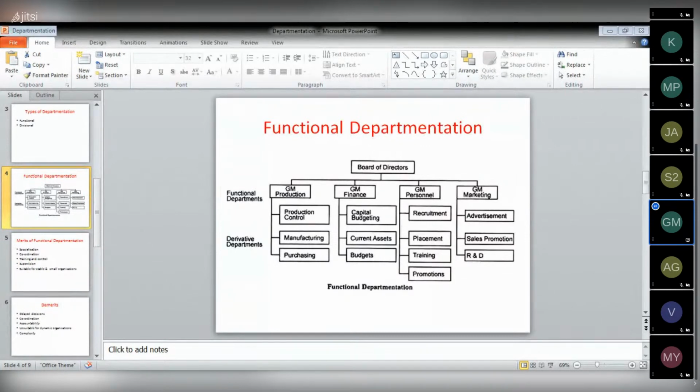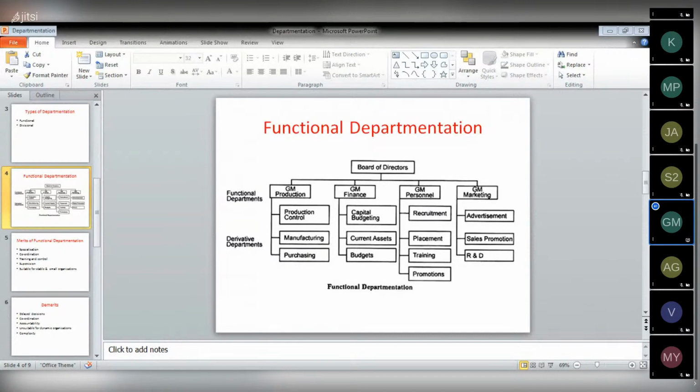Specialization, efficiency and speed. Efficiency and speed is another important aspect why this specialization is one of the important merits of the functional departmentation.